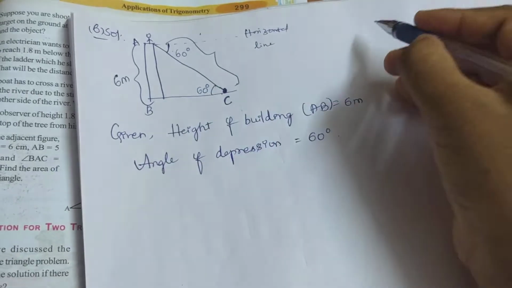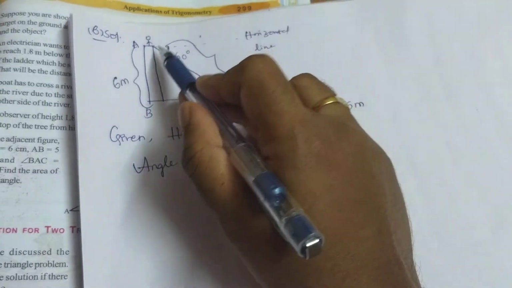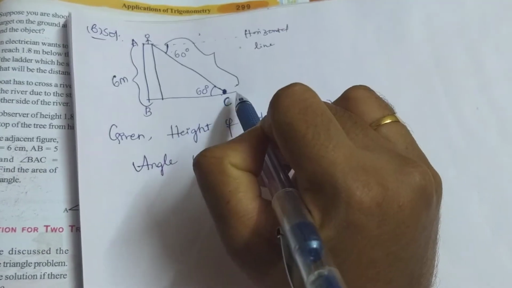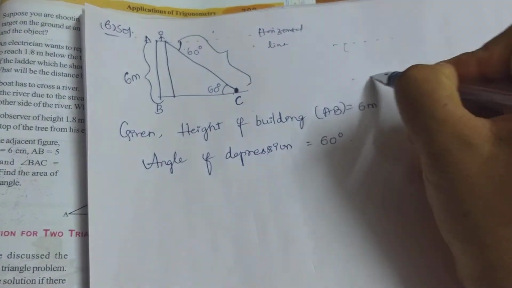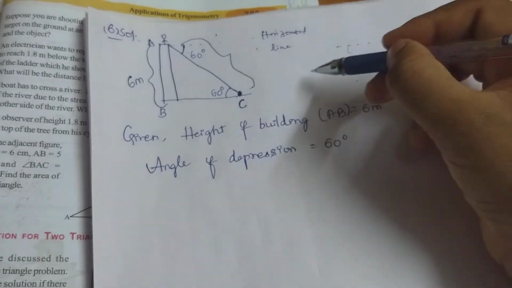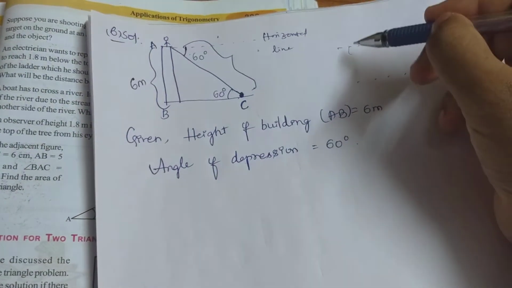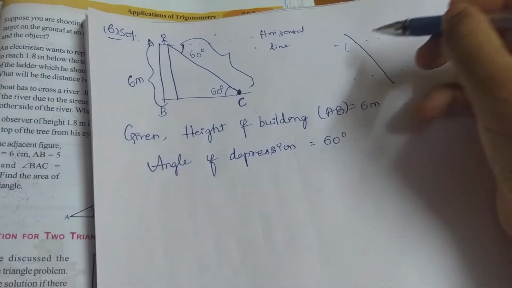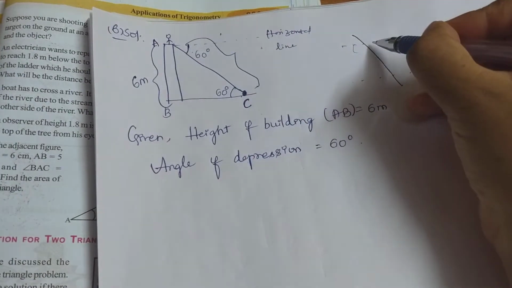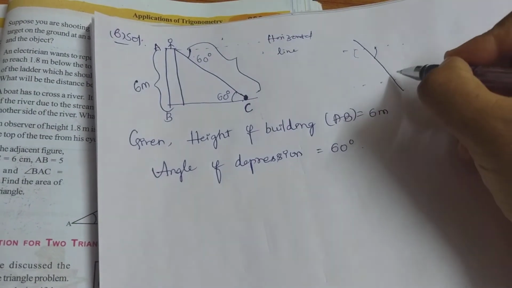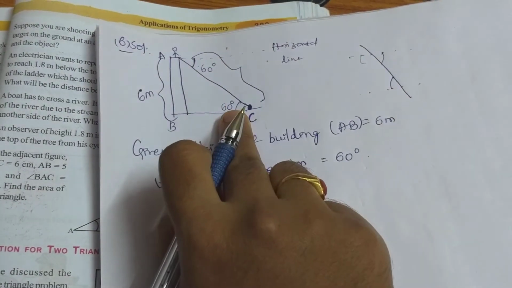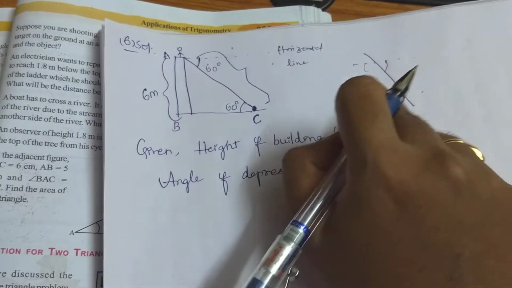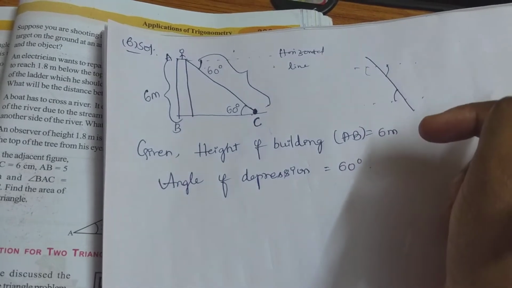Why? I have told you in the concept video also. This horizontal line is drawn parallel to the ground level. So when the line is drawn parallel, these two lines will be parallel, and when you consider this line as a transversal like this, this angle and this angle, if the two lines are parallel, then the alternate angles are equal.